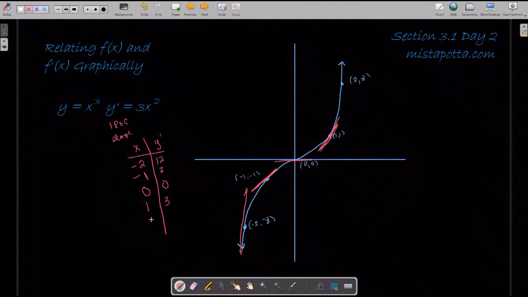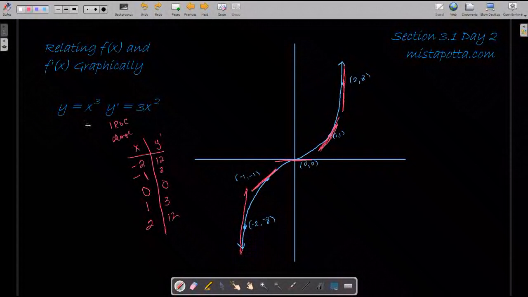And similarly, if I let x be 2, I'm going to have 3 times 2 squared, which is 12. And so I end up with a parallel line here. Very, very steep, almost vertical, parallel to my tangent line here when x equals -2.